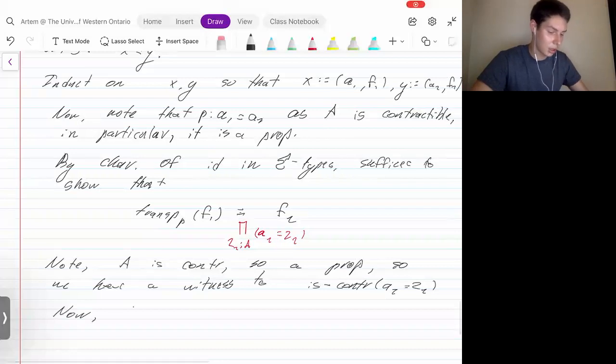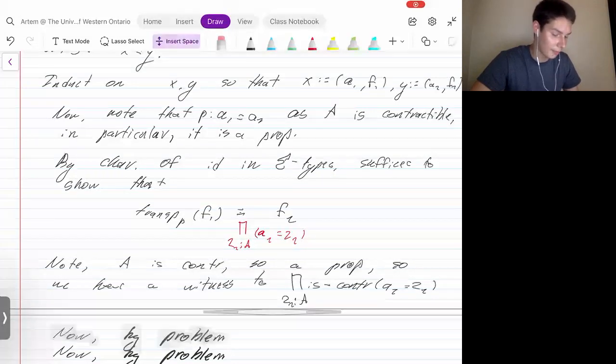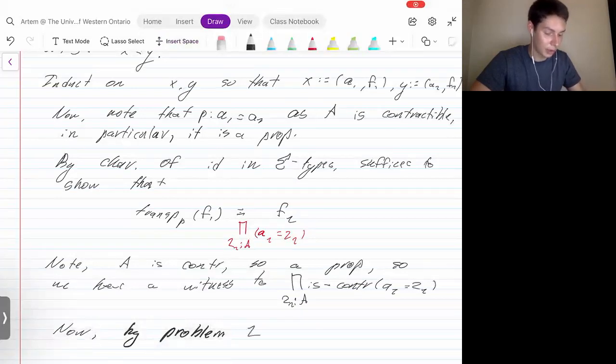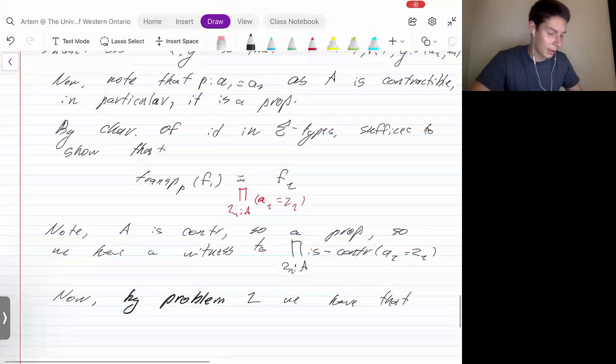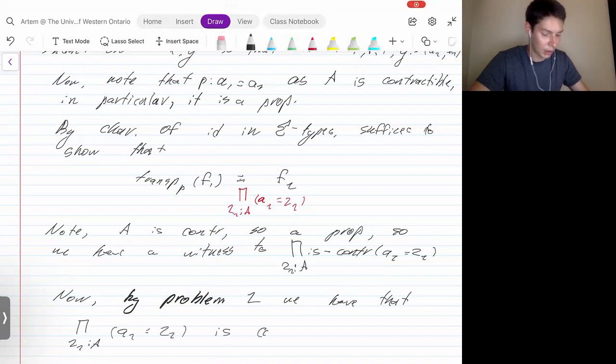Now, for this Z2 in A, by problem 2 we have that the entire function space is contractible.